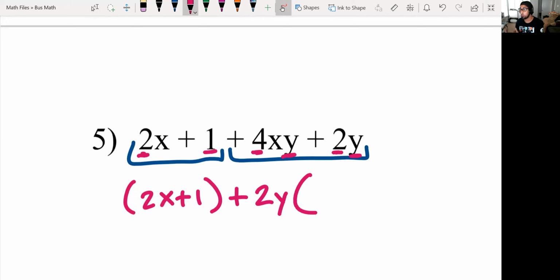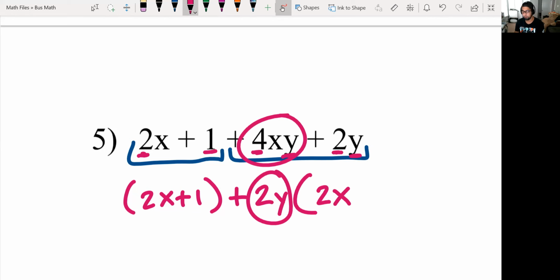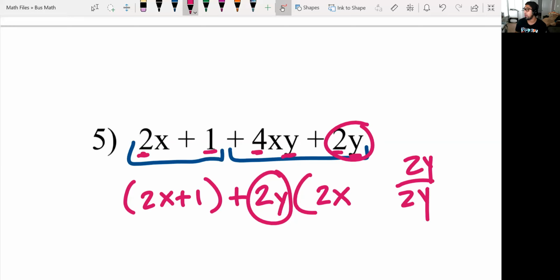Now, when you factor out a 2y from 4xy gives me 2x. 2y from 2y cancels. And whenever we cancel something by factoring, we should always get a 1, not a 0. So when I say 2y from 2y, we know that anything over itself is always 1. So that's what should go right there.